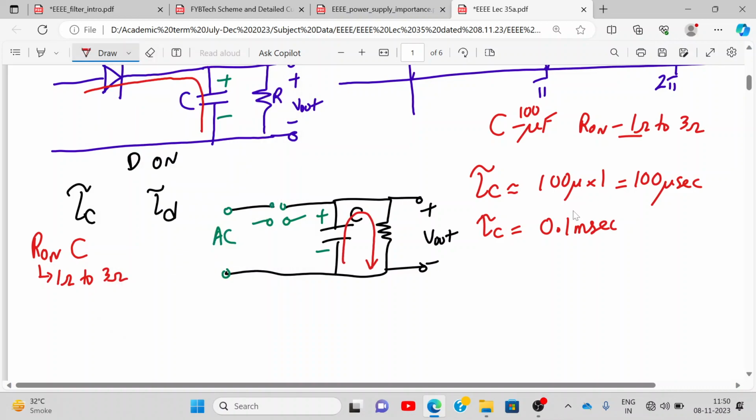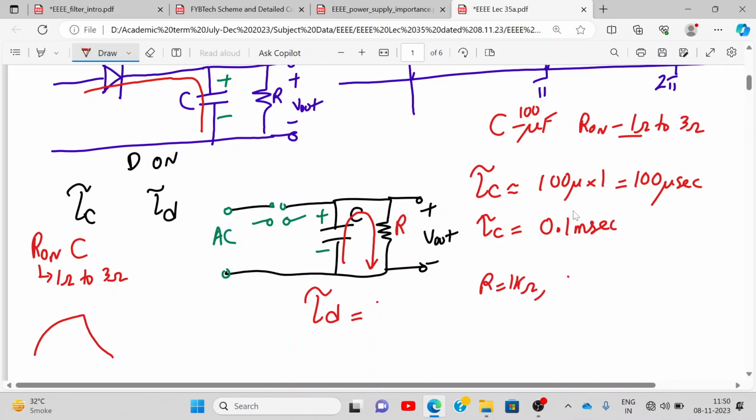When it discharges, the voltage across the capacitor starts reducing. Is that clear? You know the charging and discharging curve? So during discharging, now tell me, where is my RC time constant? This value of R, correct? And this value of C. So what is this value of R? Let's say this value of R is 1 kilo ohm.